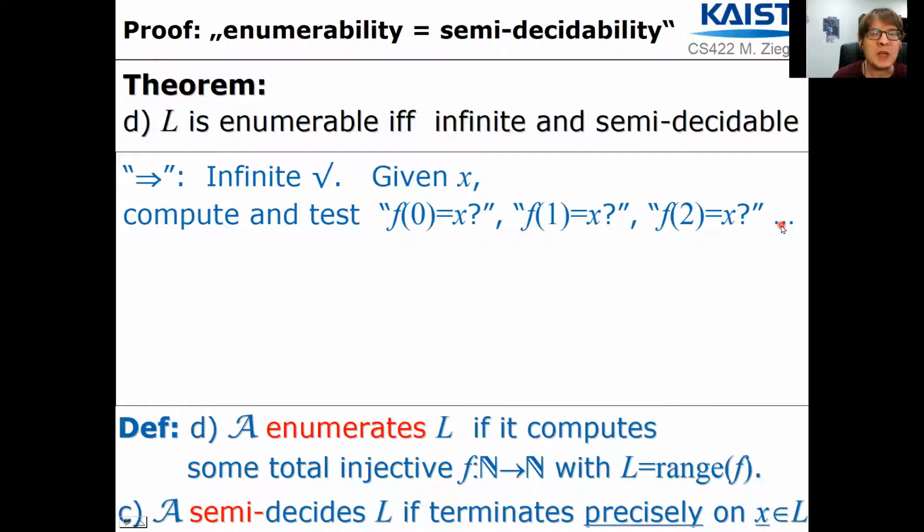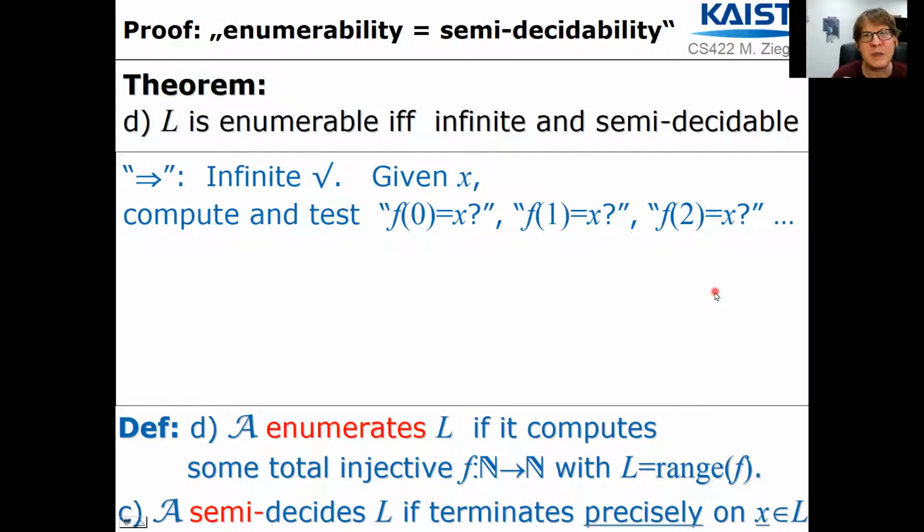It will never be a coincidence, because right now we're talking about the case where x does not belong to L. And so in this case, the computation indeed carries on indefinitely, which also is this other condition of semi-deciding, namely to terminate precisely on inputs which belong to L, or put differently, it must not terminate on inputs which do not belong to L, which the algorithm we have just described satisfies.